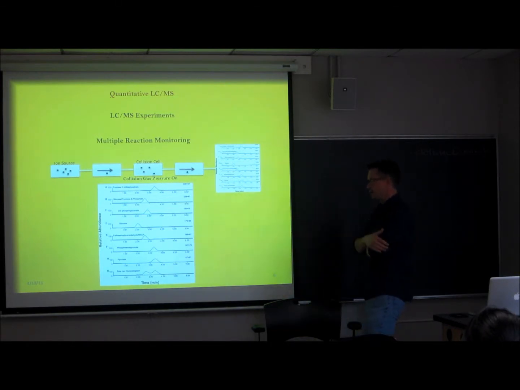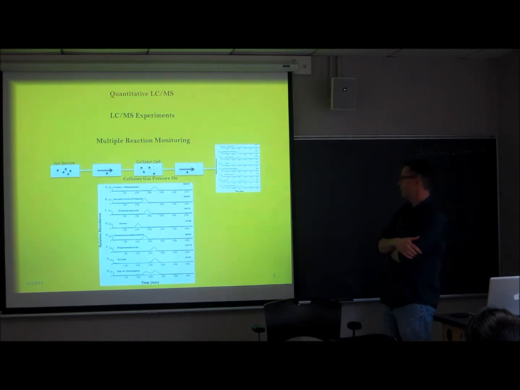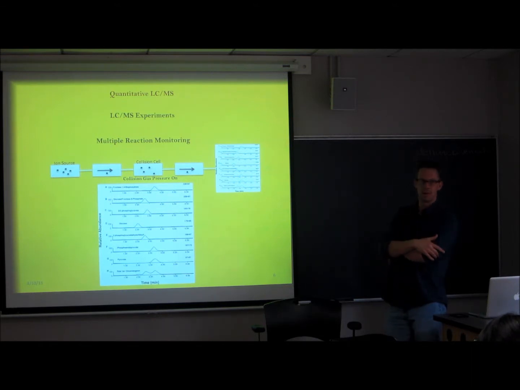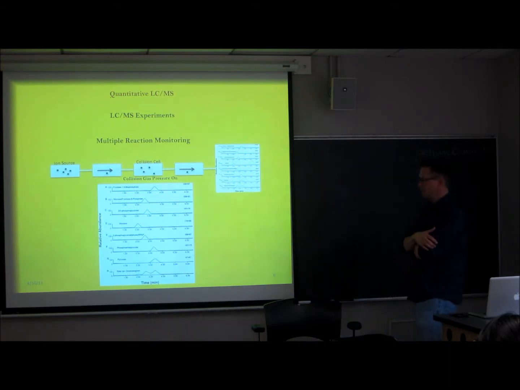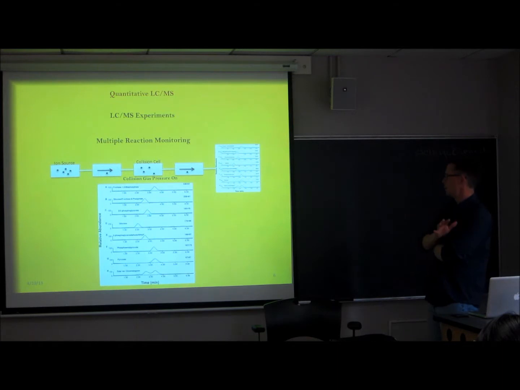There are also other interferences that can take place. Or you may have structural isomers that have identical mass spectral behavior and fragment identically, but you have to separate them chromatographically in order to quantify the individual isomers of a particular class of compounds.